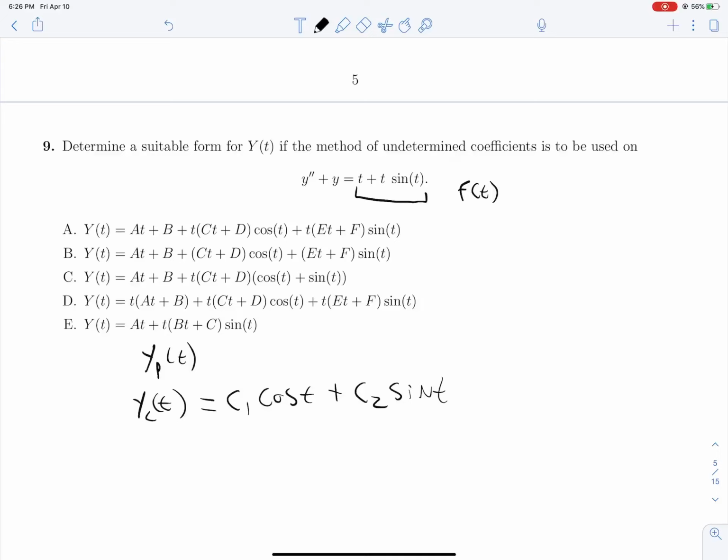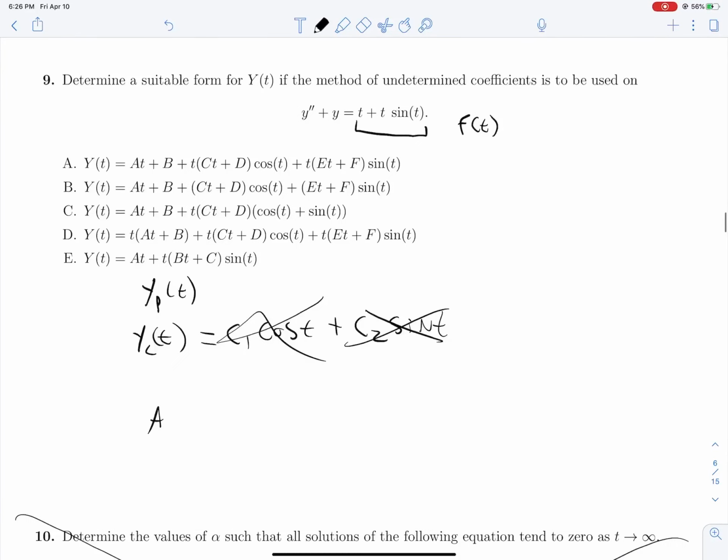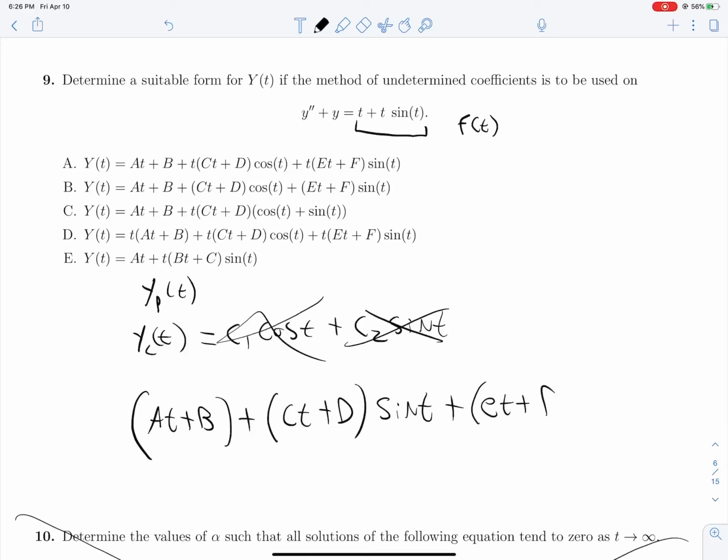And our guess originally, let's say we didn't have a sine or a cosine here, our guess would be at plus b plus ct plus d sine t plus et plus f cosine t.